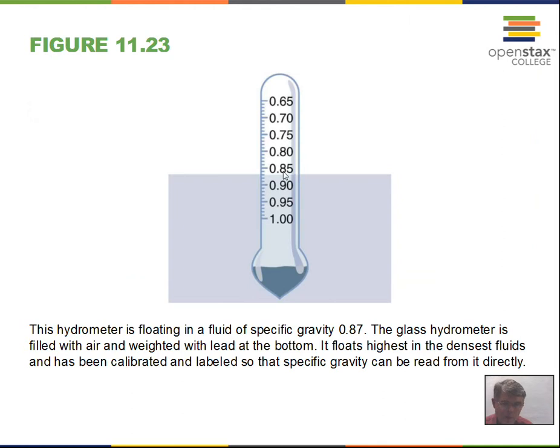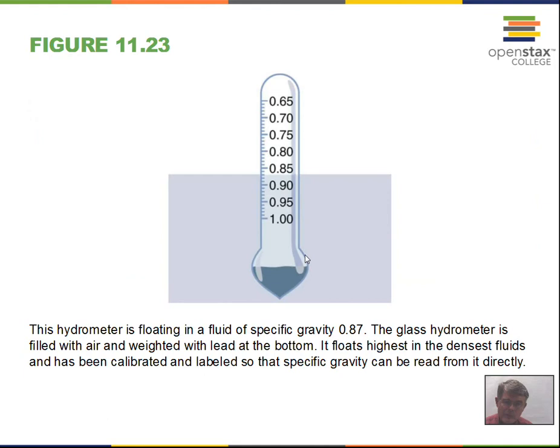Well, Archimedes' principle, the buoyant force is equal to the weight of the displaced fluid. If the fluid is more dense, then this shape will displace an amount of weight of the fluid earlier, before it sinks too far, compared to this reading of 0.87. If the fluid is denser, then we get the required buoyant force, which is just equal to mg of the object, the weight of the object.